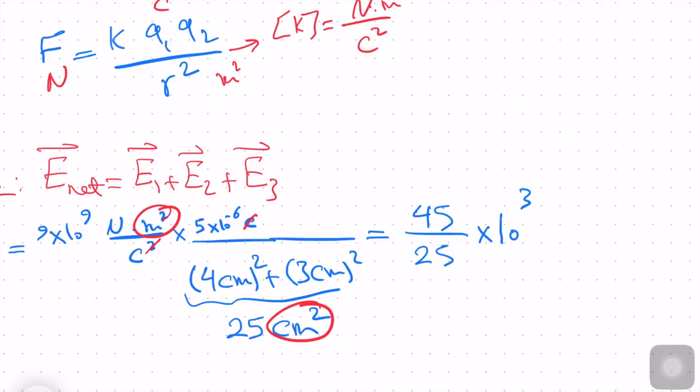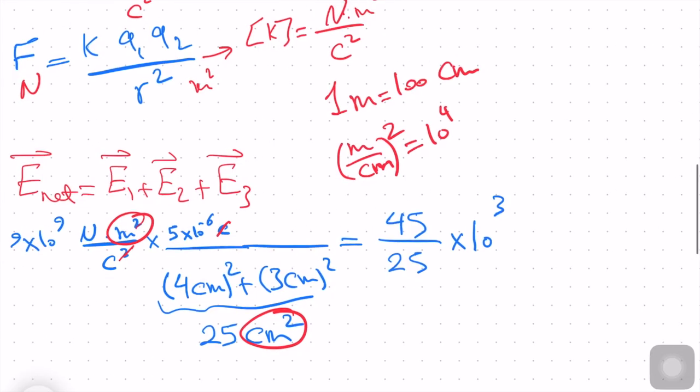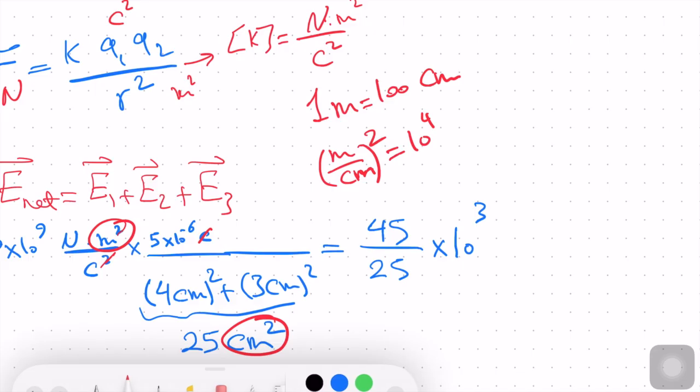And this is why we write the units, because they'll stop you from making mistakes when it comes to unit conversion. So remember that 1 meter is 100 centimeter. So a meter over centimeter is 100. So meter over centimeter squared is 10,000, or a factor of 10 to the 4. So I get a factor of 10 to the 4 coming from this unit conversion in addition to my power of 3 here.